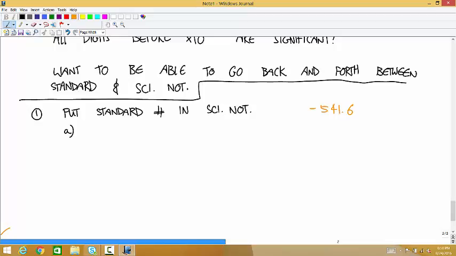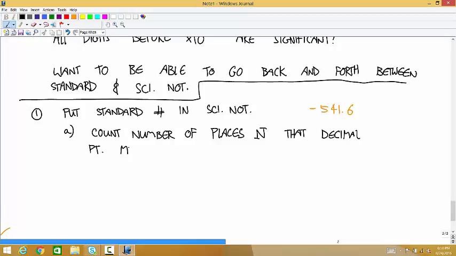Okay, so the first thing that you need to do is count the number of places n that the decimal point has to move to give one non-zero leading digit.